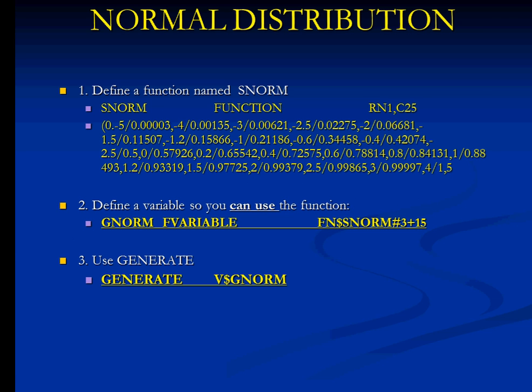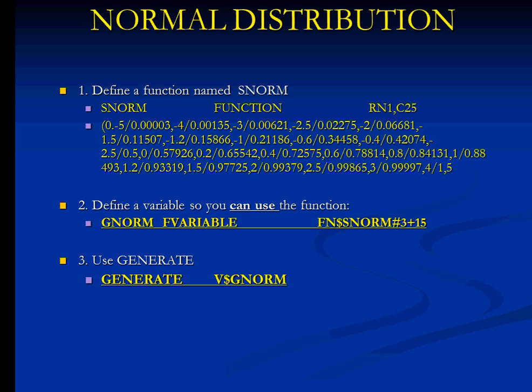There is another distribution that we're going to use, the normal distribution, and we can define it by naming it as NORM, defining that it is a function, also RN1.